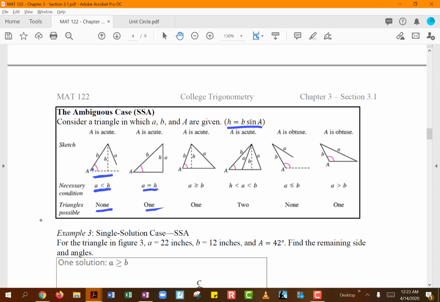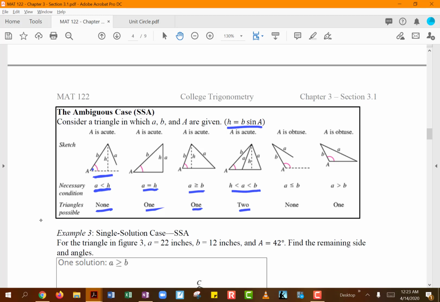If you have an acute angle where side A is either greater than or equal to side B, then again you can come up with one triangle which satisfies the condition. In an acute angle, again, if your H value is going to be less than A and A is going to be less than B, then you can actually come up with two possible triangles.